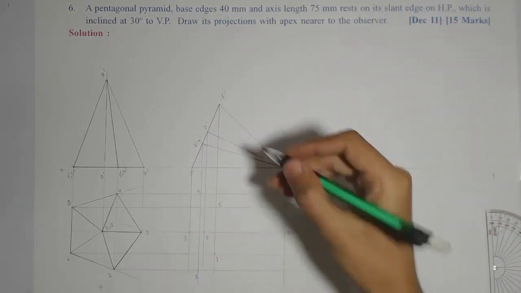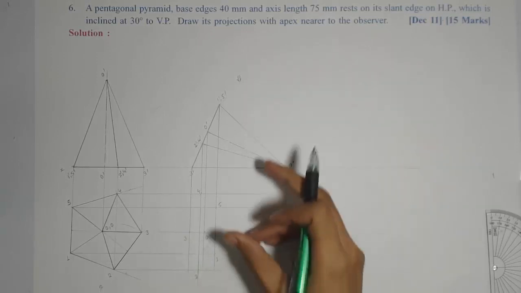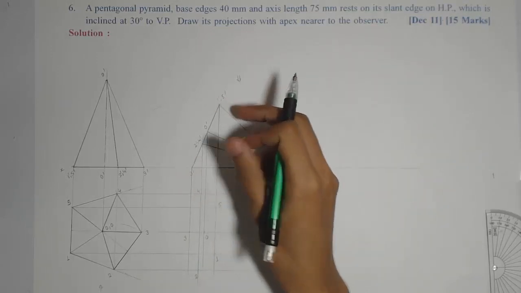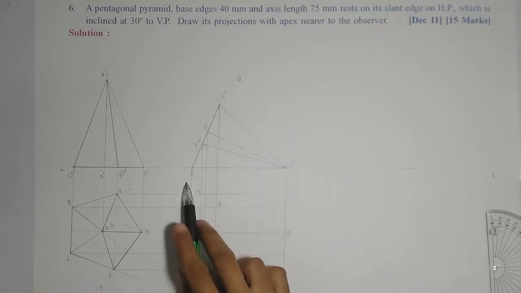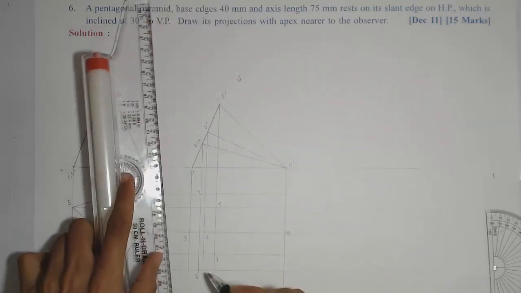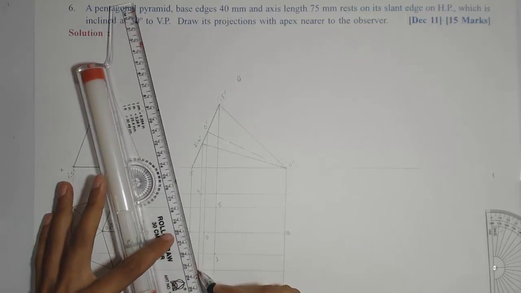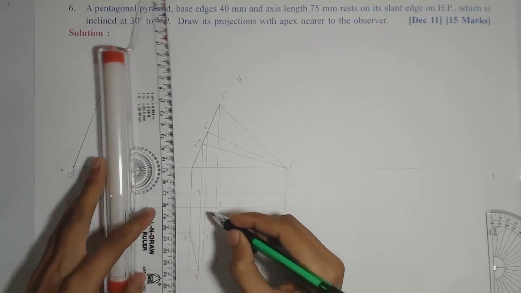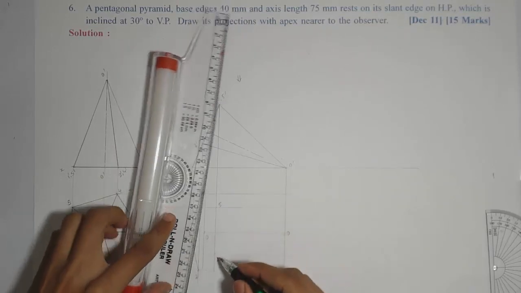Now for marking the visibility, the observer position is this. So for the observer, the entire base is visible, and the farthest slant edge is 3 dash O dash, which will be invisible. So first I will make the entire base dark, because the entire base is visible to the observer.